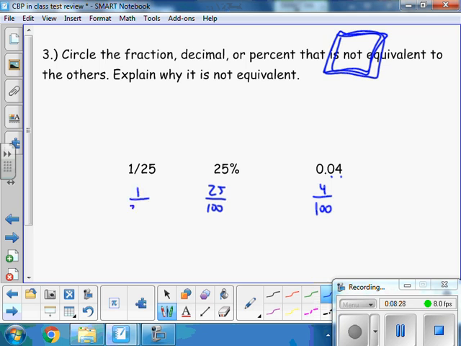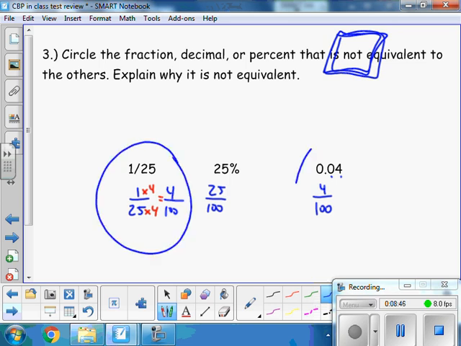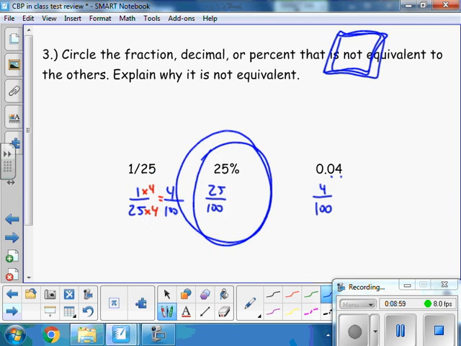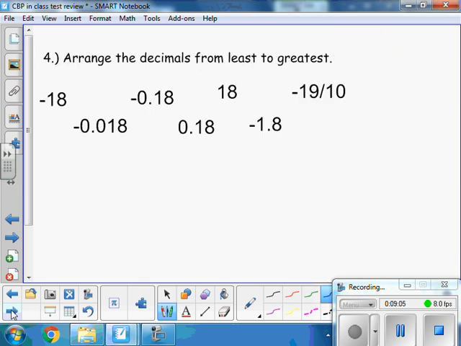This is the fraction 1 over 25. You know what? Because all the denominators are out of 100, I'm going to build these up to be out of 100, so that's 100, and that's 4 over 100. So it's looking like this one's the same and this one's the same. And before I move on, I'm going to look up and see what the question's saying. Circle the fraction that is not equivalent. Hold the boat. Back up the train. This is not true. I want to circle the one that is not. So that would be my way to answer this question. This is not, and I have my proof there.